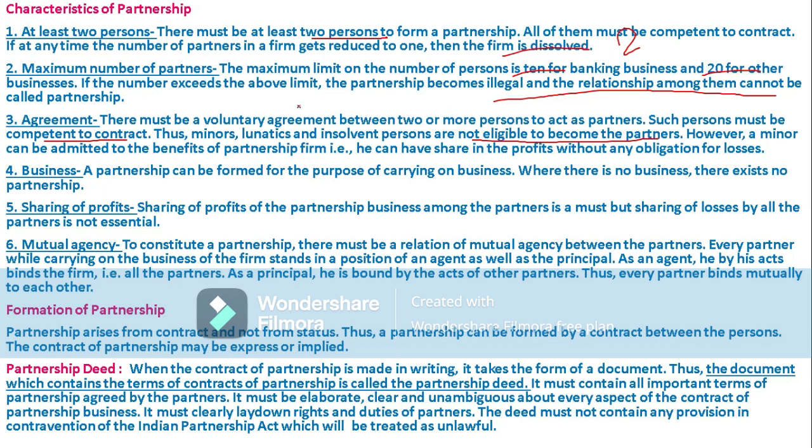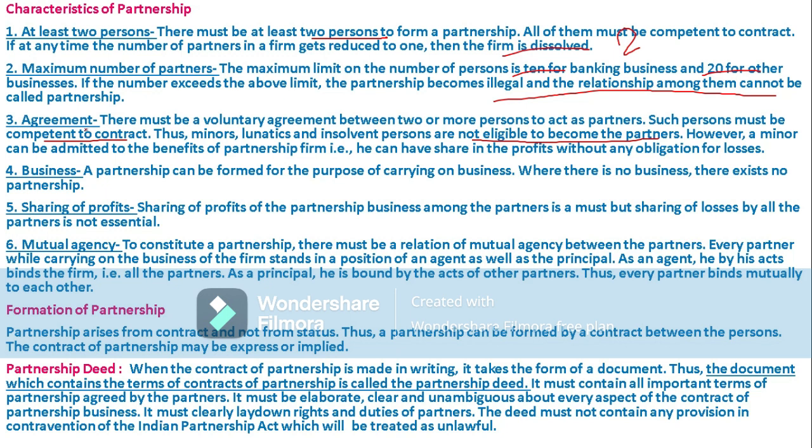A lunatic is a physically and mentally handicapped person. So these three persons are not considered as partners in a partnership deed.